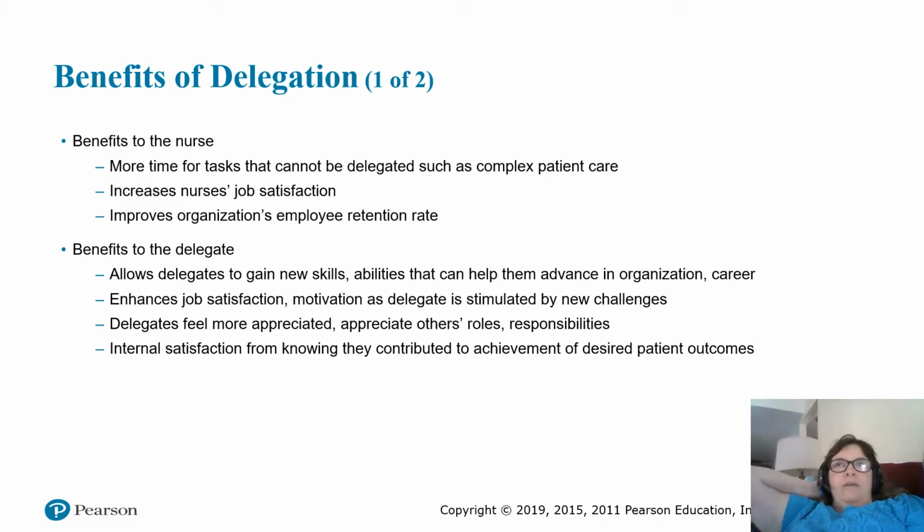If you recognize that a UAP can do a task that has previously been done by nurses, that actually helps them to enhance their job satisfaction. Delegates feel more appreciated and appreciate others' roles and responsibilities, and feel internal satisfaction from knowing they contributed to achievement of desired patient outcomes.